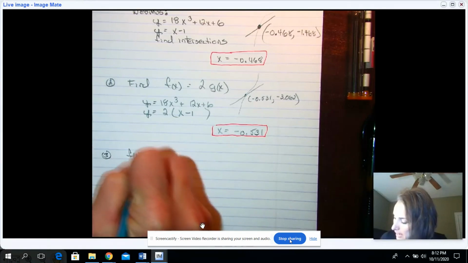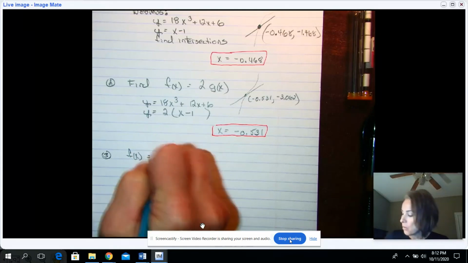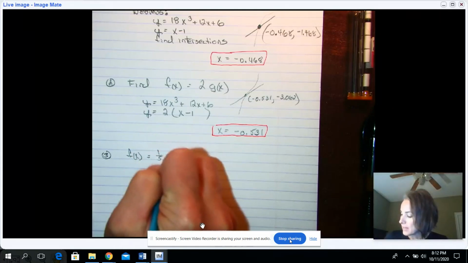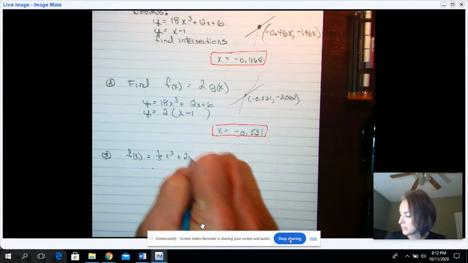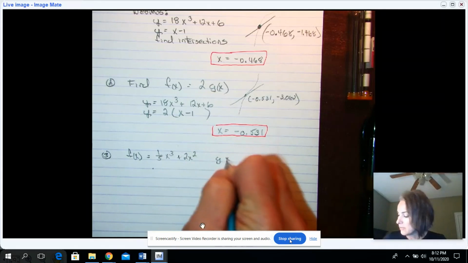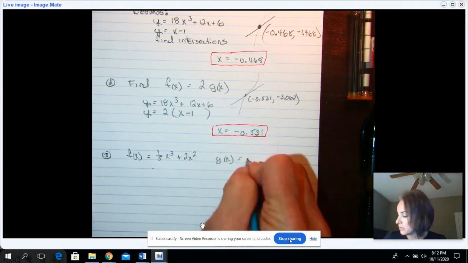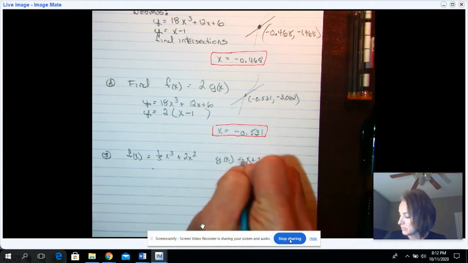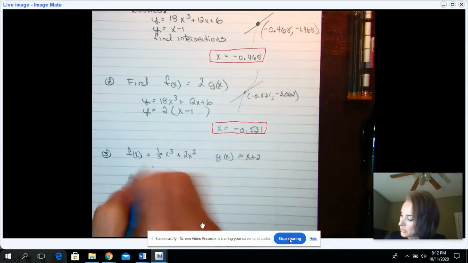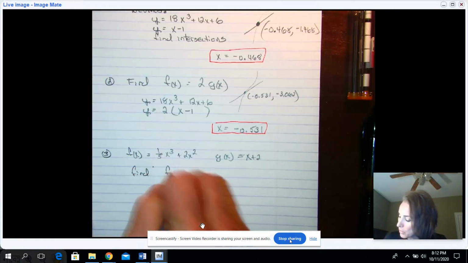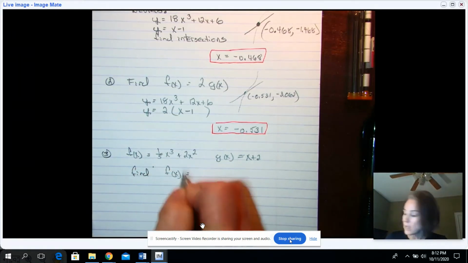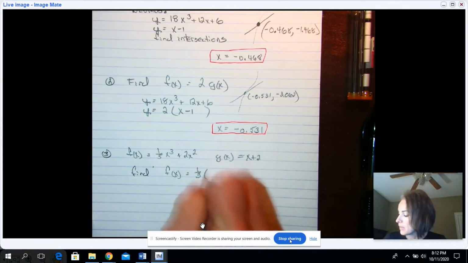In this case, if f of x equals 1/5 x cubed plus 2x squared, and g of x equals x plus 2, we'll just make it simple. All right, so here I want you to take those two, and I want you to find when f of x equals 1/3 of g of x.